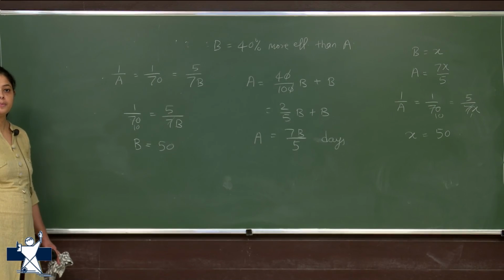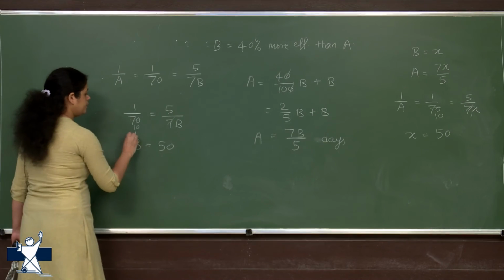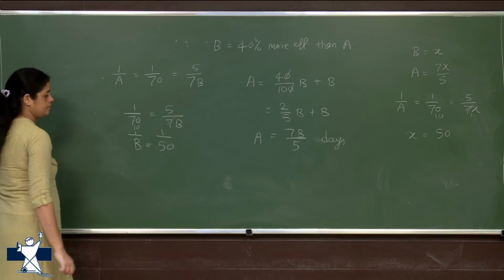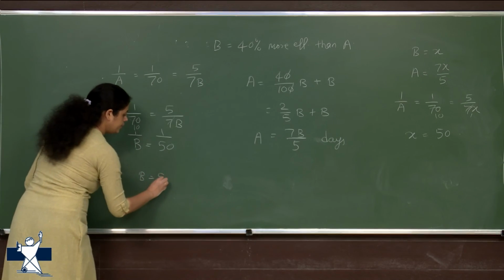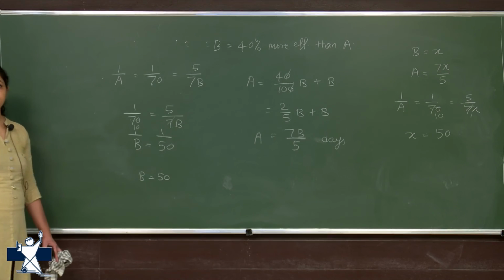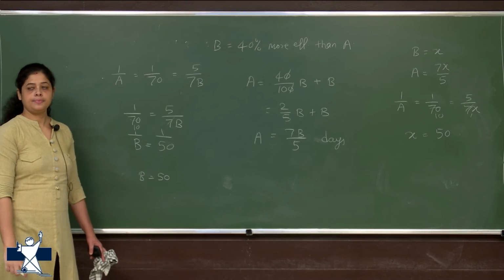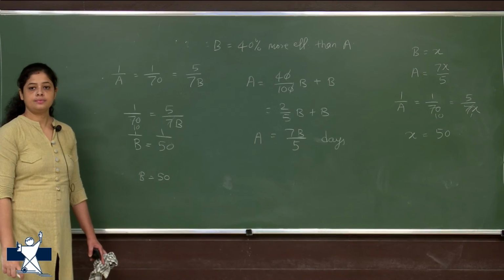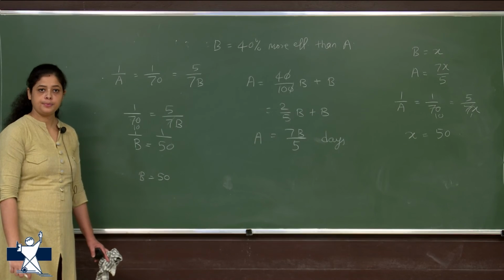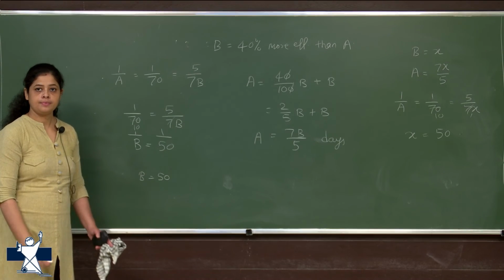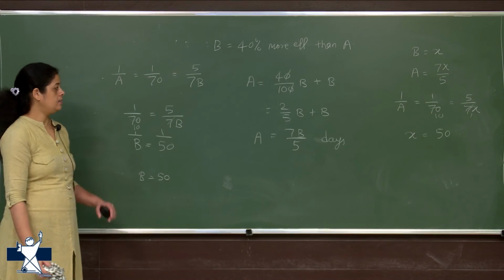Right? 1 by B equal to 1/50. So B will be equal to 50. समझा? Anyone having any doubt? Please ask.